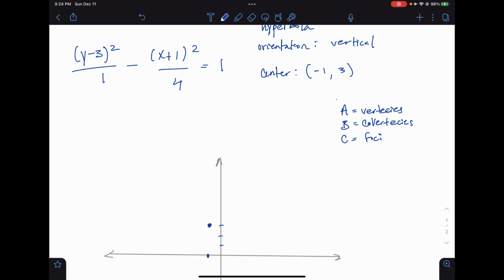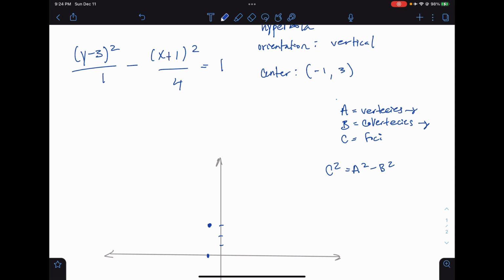We don't really need the foci to solve this, but if we do need to find it, I'm pretty sure we can find it by using this and solving.